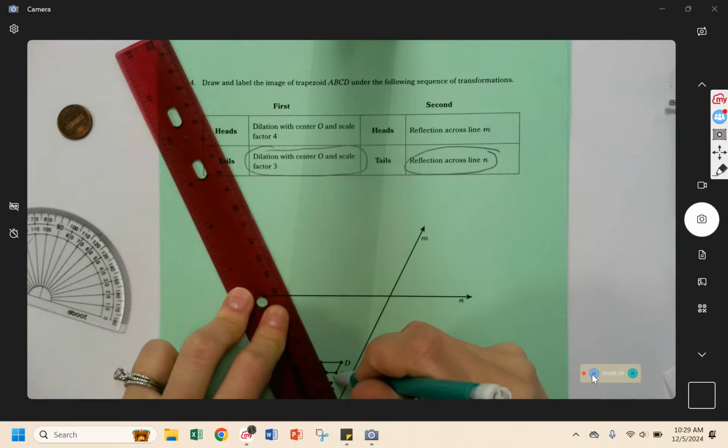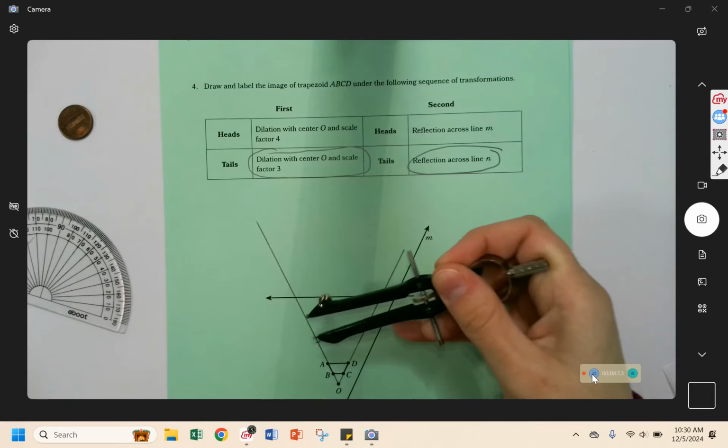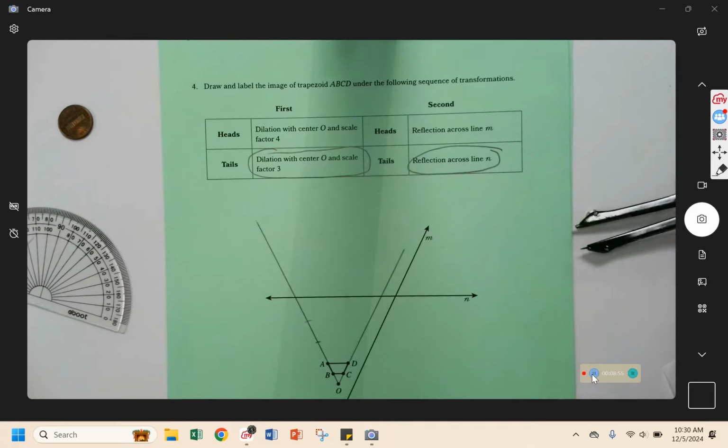So we will dilate A by a scale factor of 3. So there's 1, 2, 3.